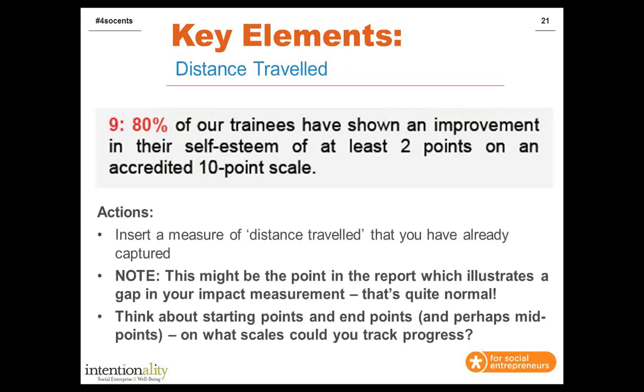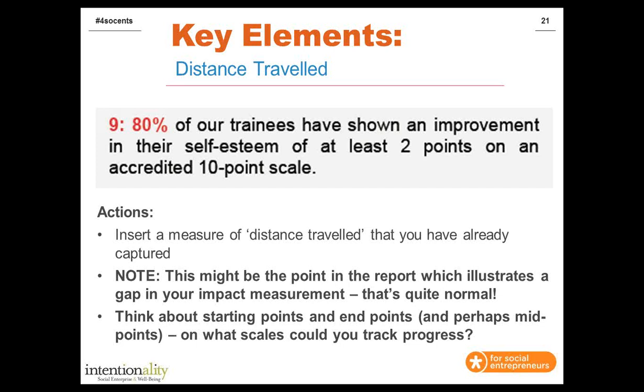And on to a new technique, the description of which might be new to some of you, although it's not particularly unusual. Many of you will be familiar, I'm sure. This is just referred to as a technique or an element in impact reporting known as distance travelled. This simply means the movement of people or the change that people experience, usually evidenced, measured on a scale.